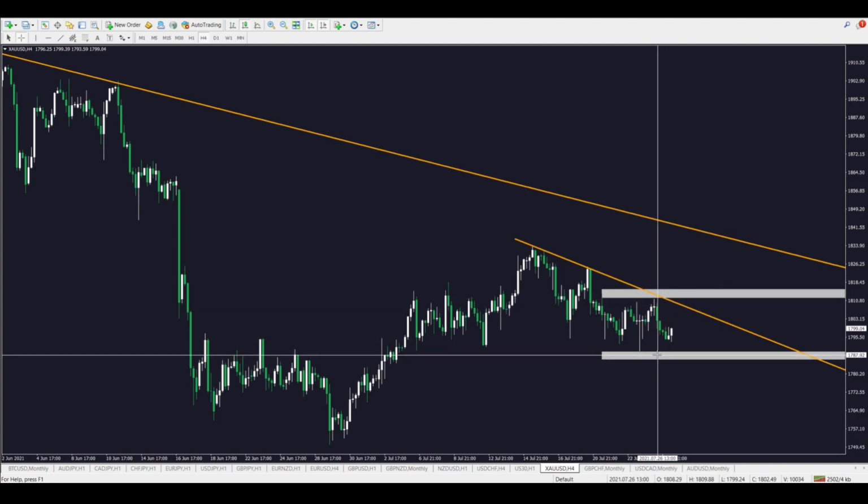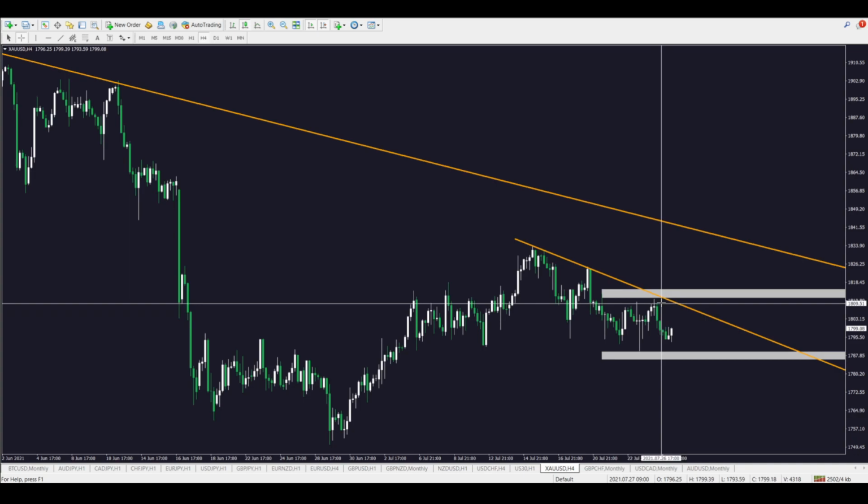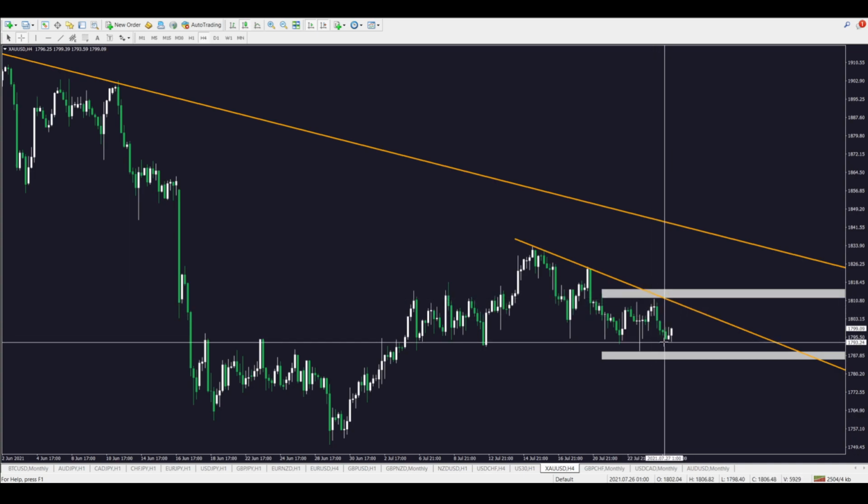And if I get a break below here without price going above this point, I would sell. So simple setup on GBP Swiss franc. No, this is not GBP. Sorry, this is gold, and this is H4. So sorry again, gold. XAU USD.